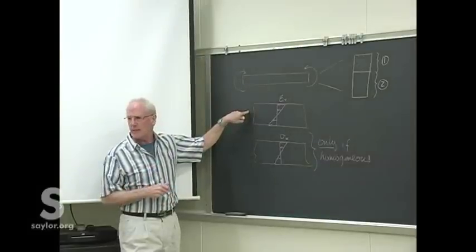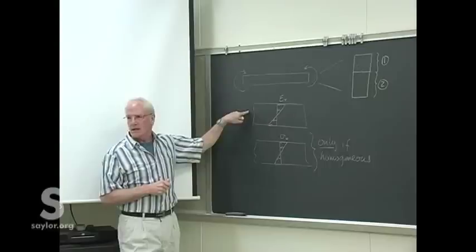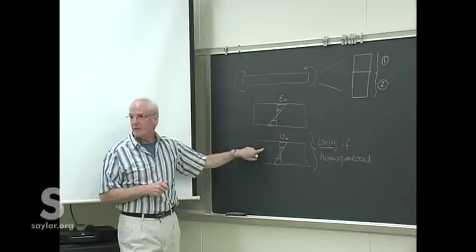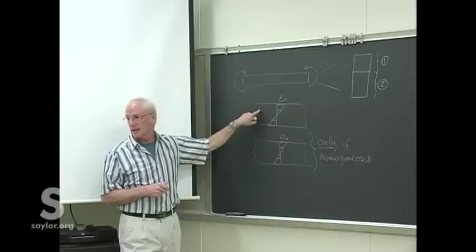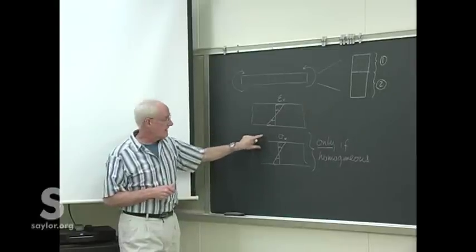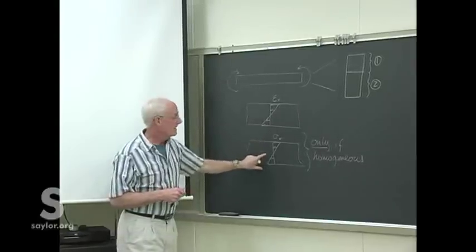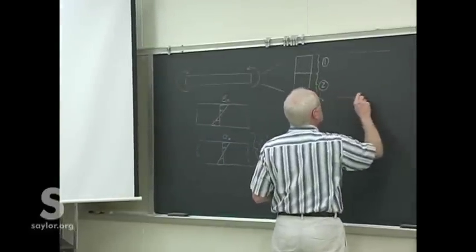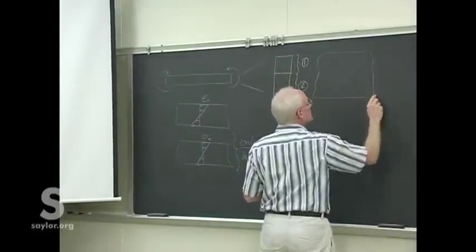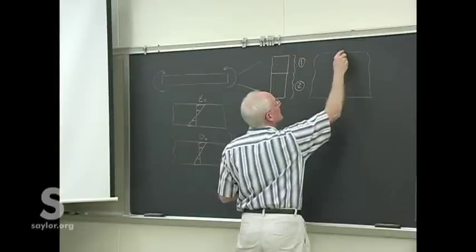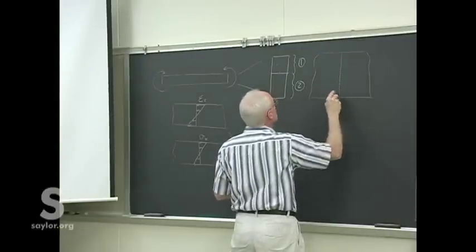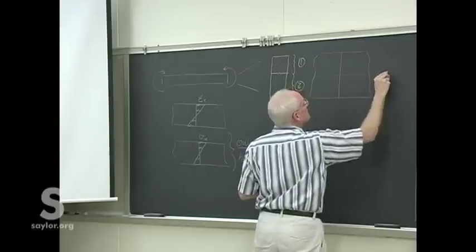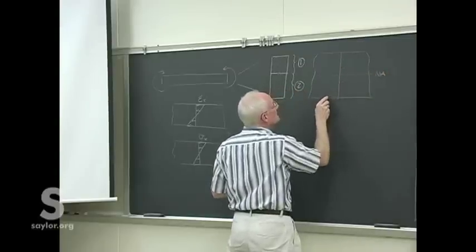That was only dependent upon the cross-sectional area. This came from the fact that stress and strain are related by Young's modulus. If we have a different Young's modulus for the top than we do for the bottom, we can now expect some kind of stress distribution that may look like this. Wherever the neutral axis is, we know that it's linear through there.